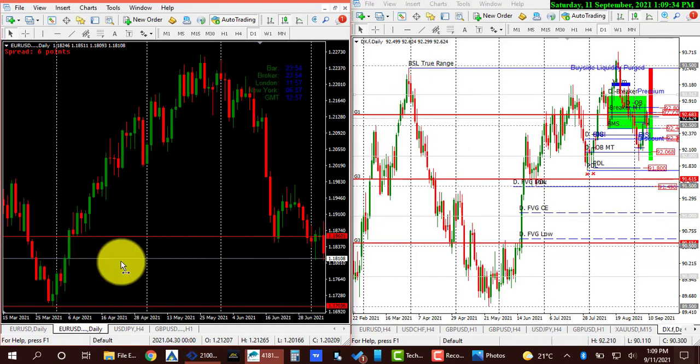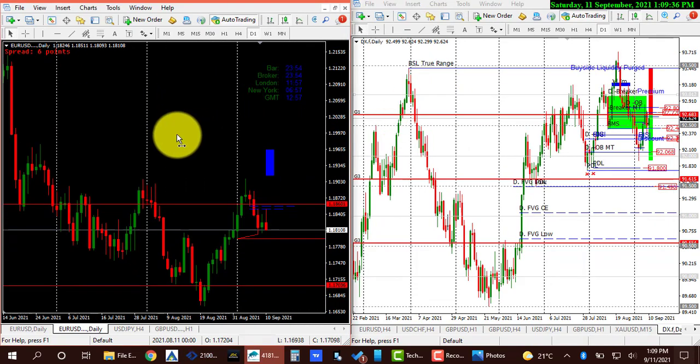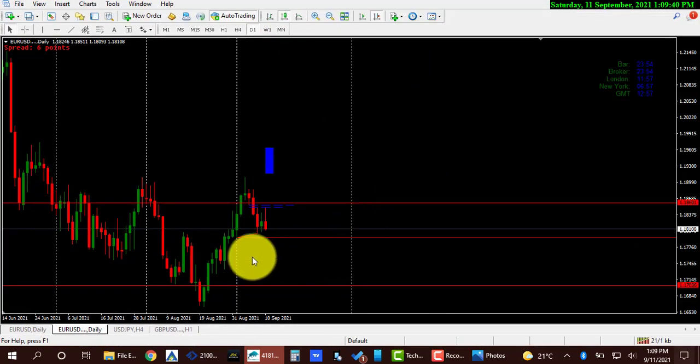So the euro was taking out the sell side liquidity down there. After taking out that sell side liquidity, we should expect price to move back into the range, and then we have our break in market structure at this high over here.